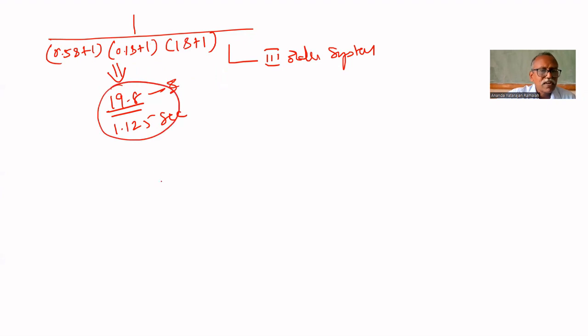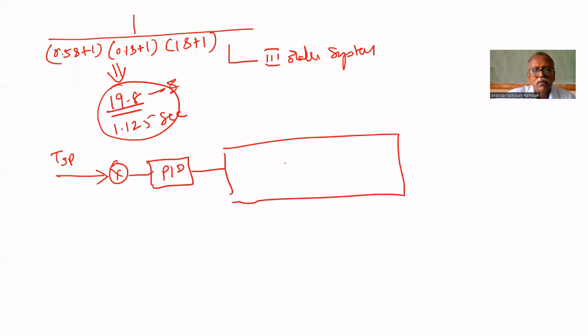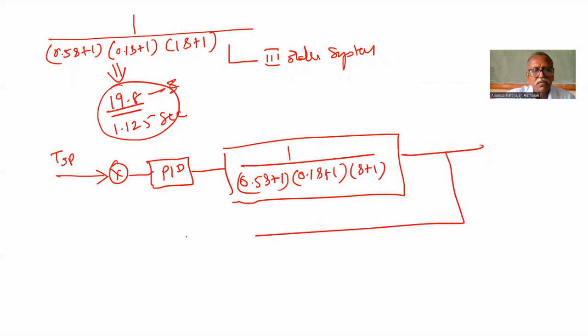So if you use a conventional controller, the set point will be given here and the PID controller is employed. 1 upon 0.5 S plus 1, 0.1 S plus 1 and S plus 1 is the process. This is the way by which we will control with a conventional controller. Suppose this is separated into two parts.